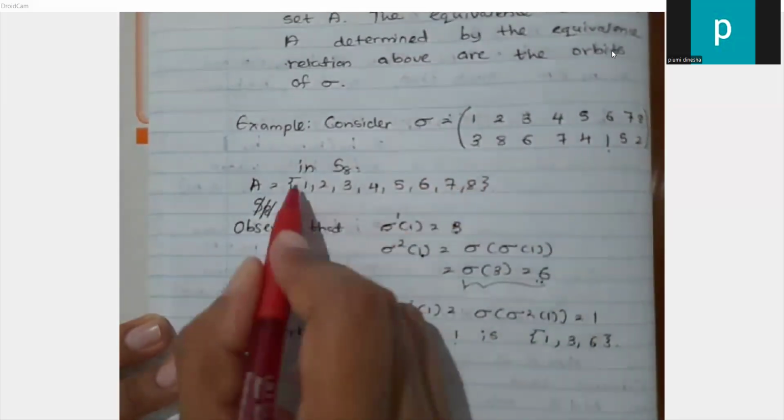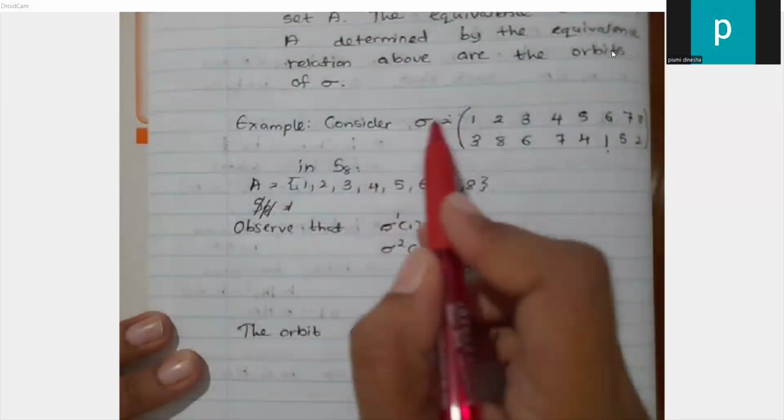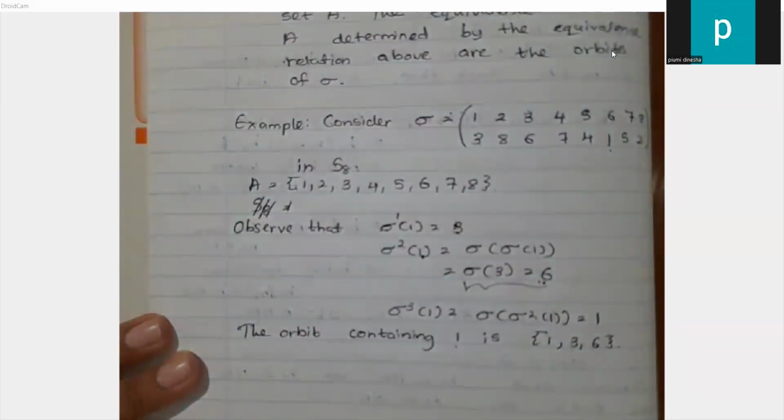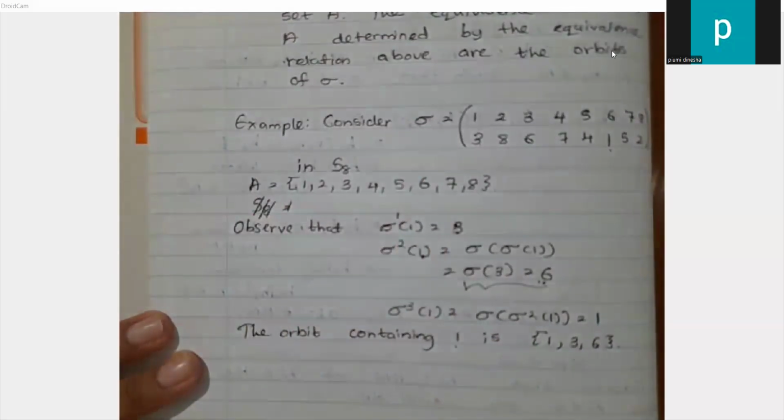Right now, A is this set, and this is a permutation over elements of this set, and we understand it's an element in the permutation group S8, right? Now we want to see how the partition is over A by sigma.